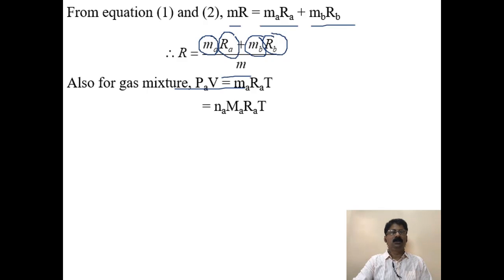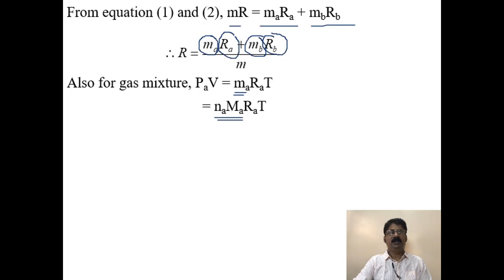Also, for the gas mixture, you know that PA V = MA RA T, but MA, the mass of the gas, is also equal to the molecular weight times the number of moles. That we studied in one of the earlier lectures.